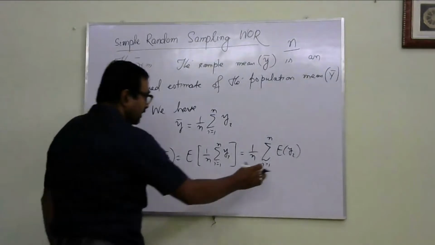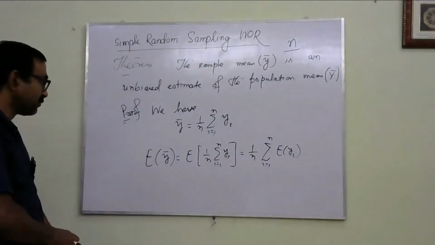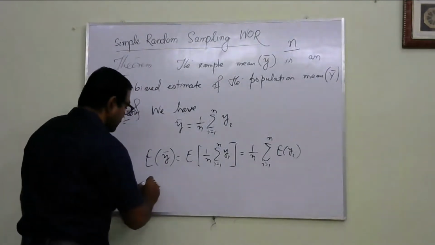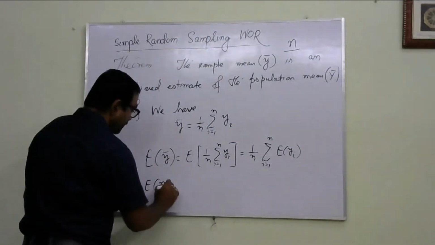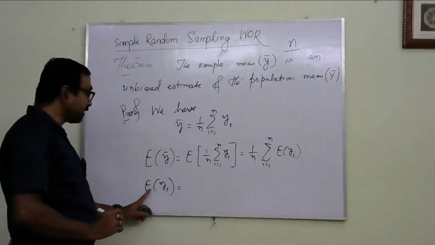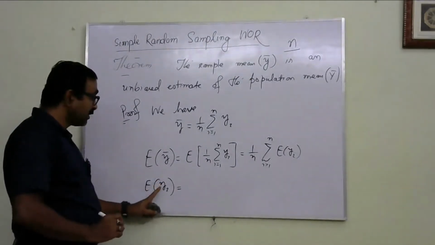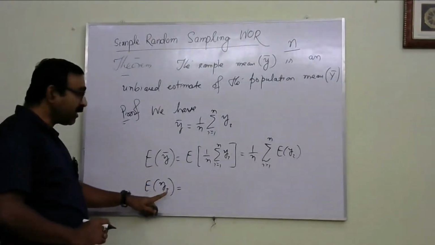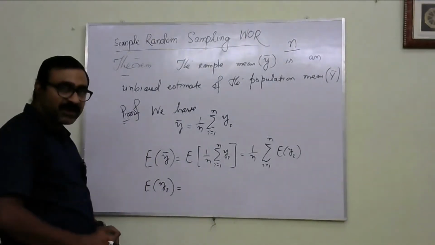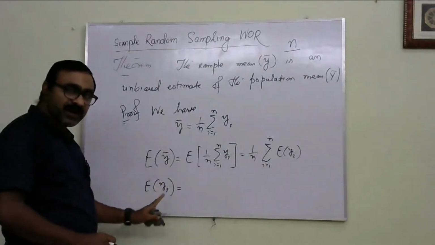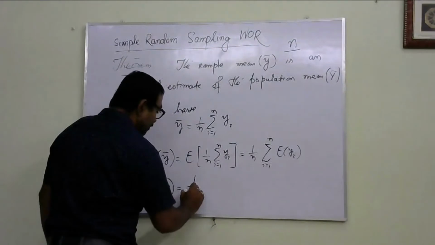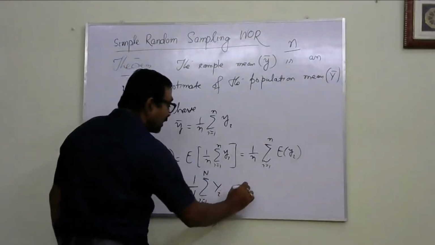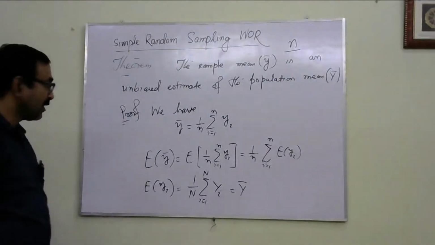So now to find this expectation of yi, yi is the value of the characteristic for the ith unit of the sample, and the probability of selecting any particular unit in the sample is 1 by capital N. So this is equal to 1 by capital N summation i equal to 1 to N, Yi, that is equal to Y bar.